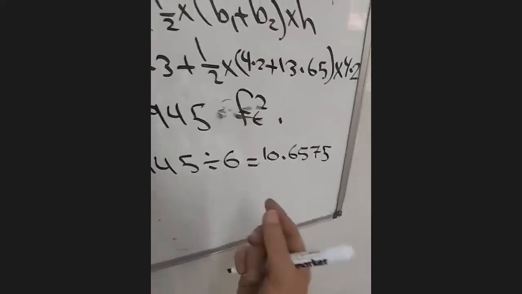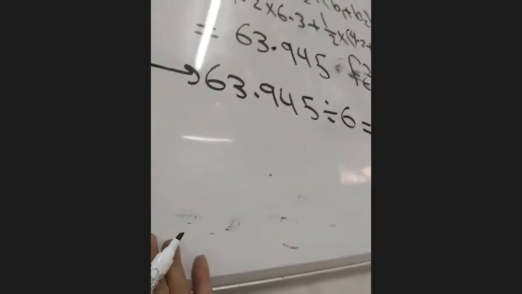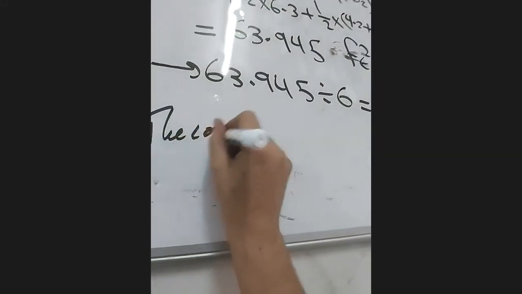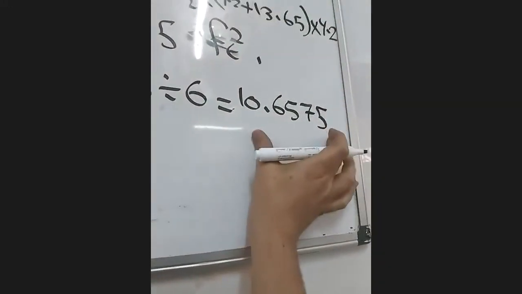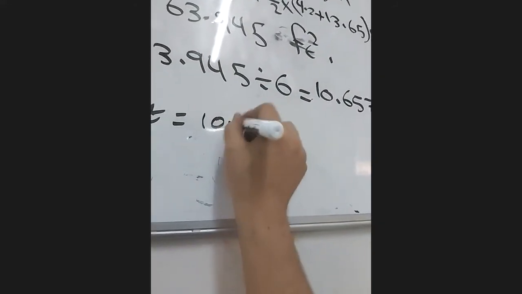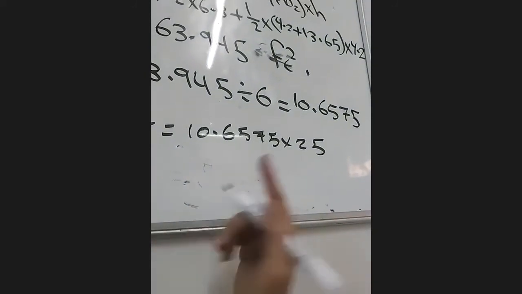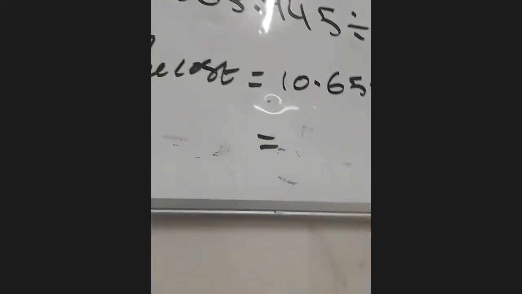So each 6 feet costs $25, right? They said here, each 6 feet costs 25. So the total cost will be 10.6575 multiplied by 25. Let's find it. 10.6575 multiplied by 25.